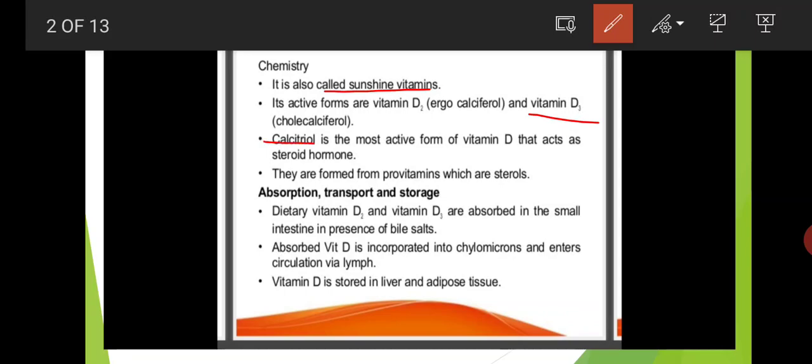Vitamin D is stored in the liver and adipose tissues.